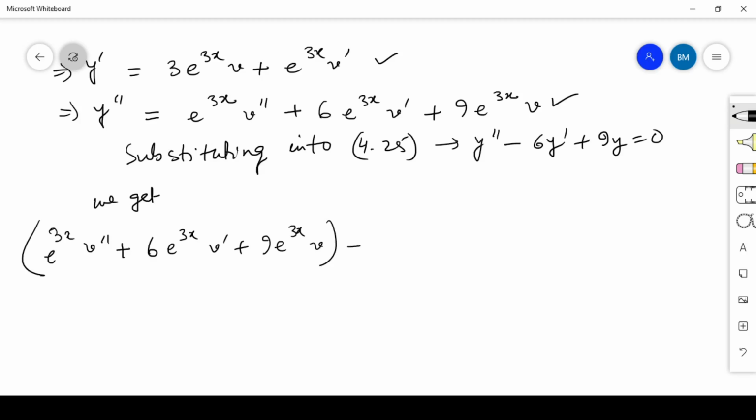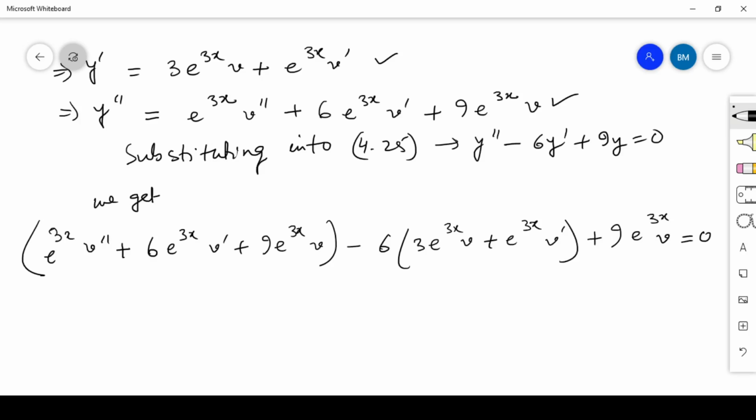After that, minus 6 y prime, which is 3 e to the power 3x v plus e to the power 3x v prime, plus 9y. But what is y? y is e to the power 3x into v, which is equal to 0.